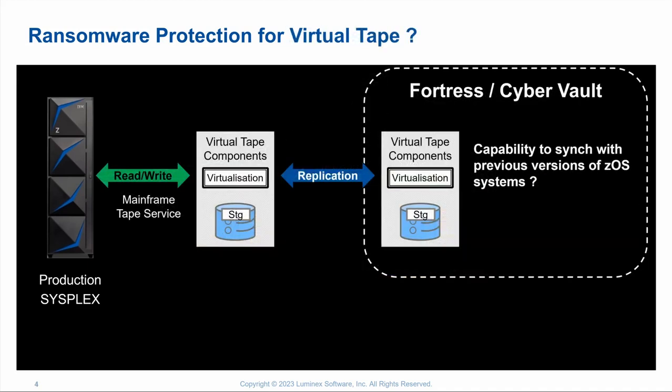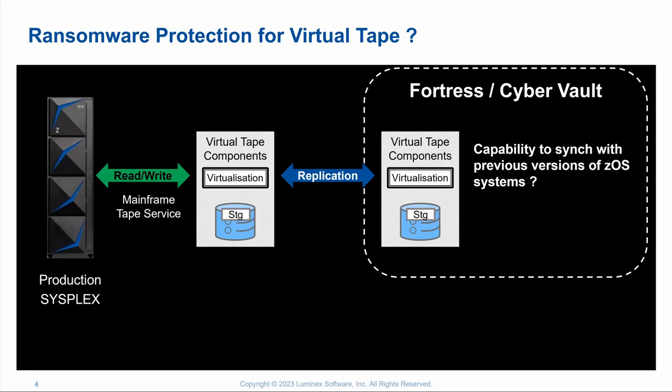So can you extend ransomware protection for virtual tape? Now, I've drawn this in as noddy diagrams because I tried to make this as generic as possible. You're going to be looking at a mainframe tape service. So you're going to have virtual tape components, a virtualization layer, some kind of storage capability. And I've drawn it in a single site.